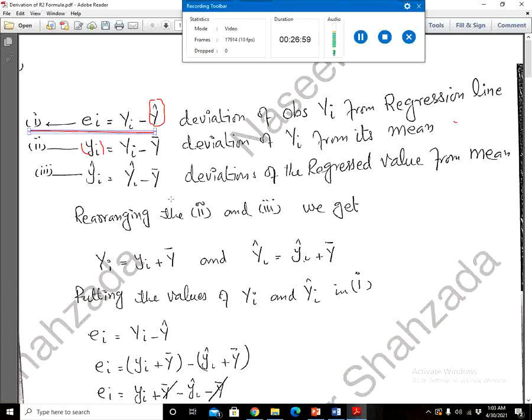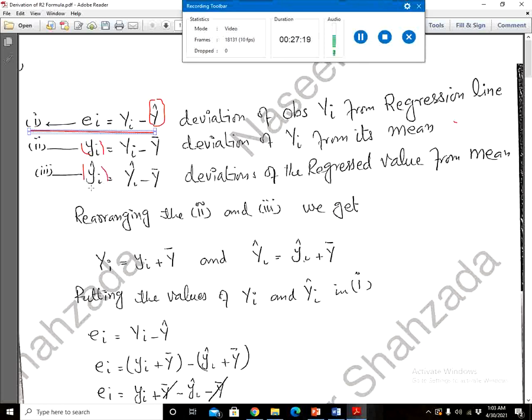Here small y_i is capital Y_i, the observation, minus Y mean, the deviation of Y_i from its mean.